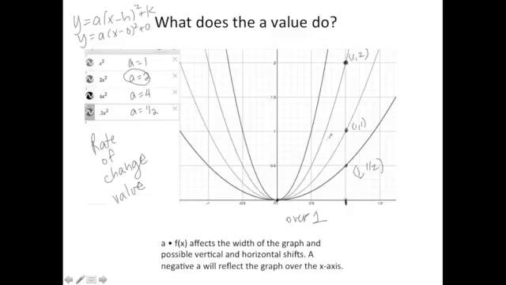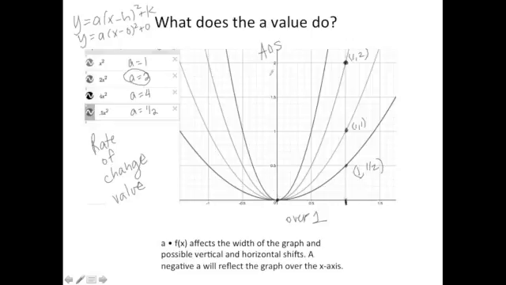Okay, now that only gives us 2 points, which is a little misleading. It makes it feel like these are linear equations, which they are not. You have to remember that every one of these parabolas has an axis of symmetry, okay? An AOS, an axis of symmetry, which runs directly through the vertex. In this case, it runs through the origin.